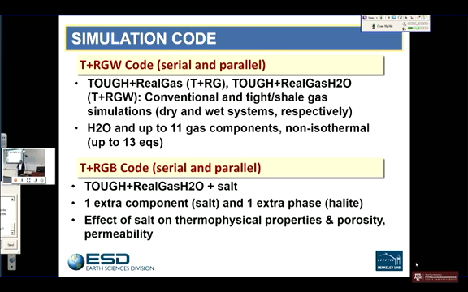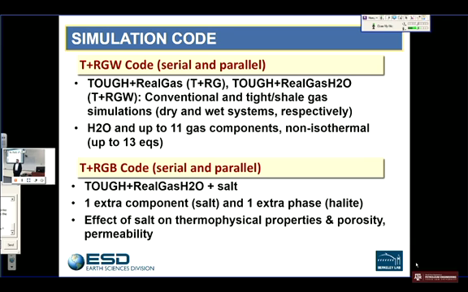What does the salt do? Two things. Number one, we have one more component. In addition to this, we have the possibility of one more phase, and that is precipitation of salt, which is not a trivial issue. This precipitation of halide, that's what the salt precipitate is called, can change significantly the properties of the water.